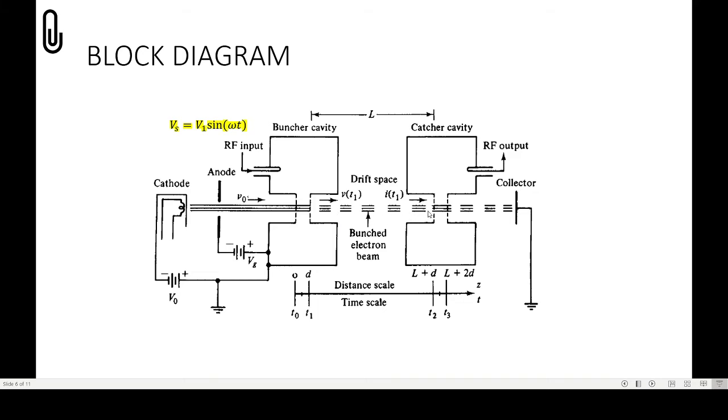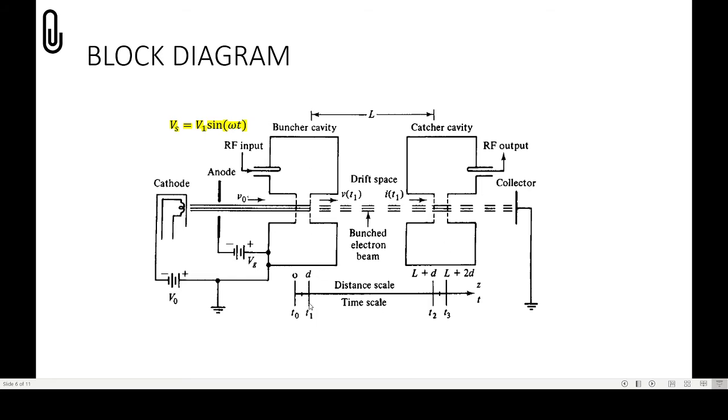When these bunches of electrons reach the catcher cavity, the high kinetic energy of the bunched electrons will be transferred to the catcher cavity, which eventually leads to the amplification of the signal. After transferring energy to the catcher cavity, the electrons will be collected by the collector. This is the basic principle behind this diagram.